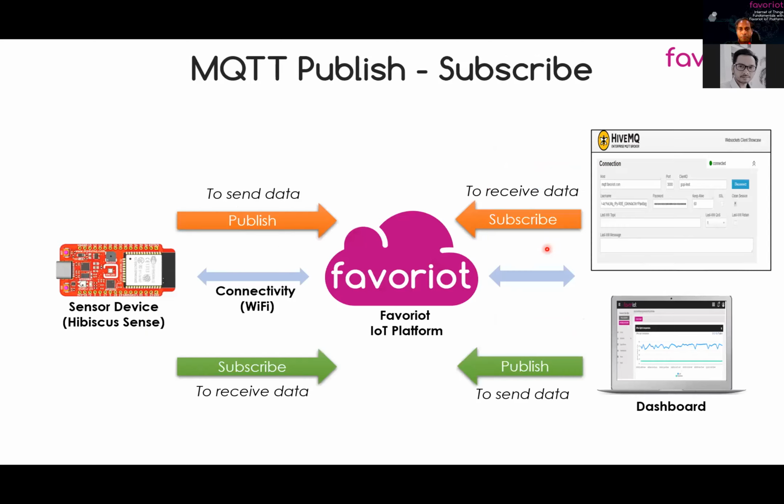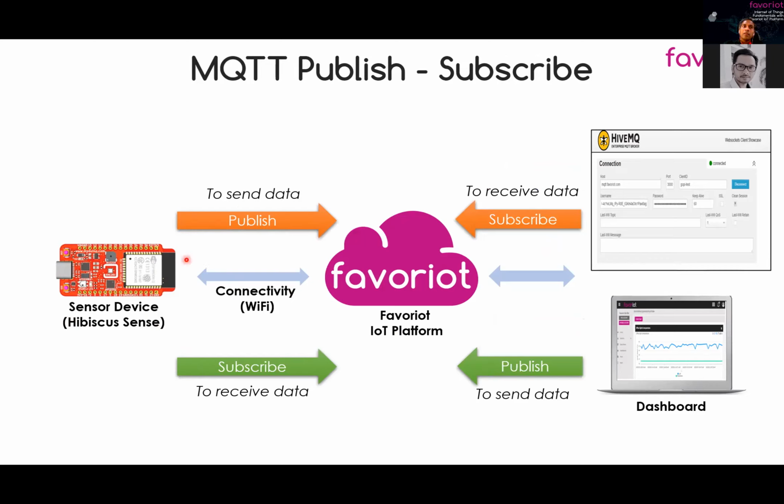What we will do later is 2 parts. The first part is we will use the Hibiscus Sense to publish to a specific topic to the platform. So that is the first step, right?